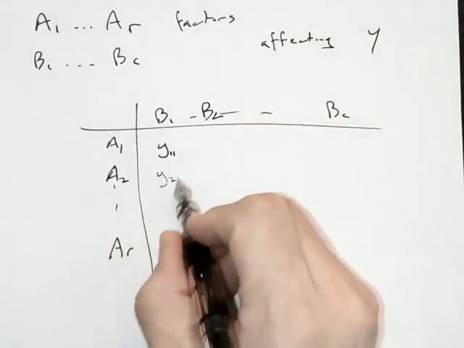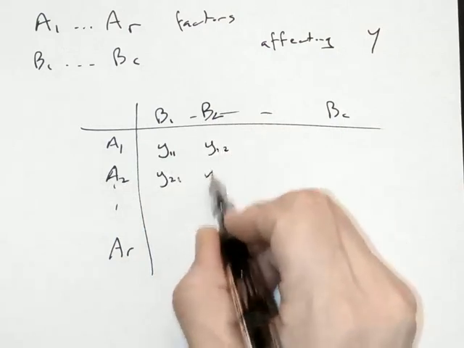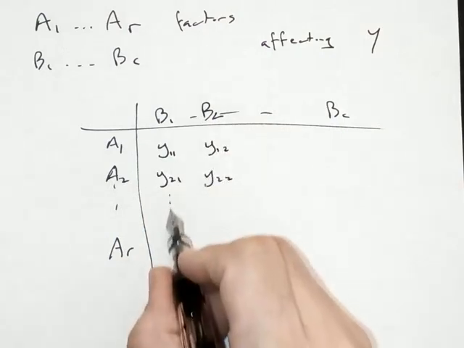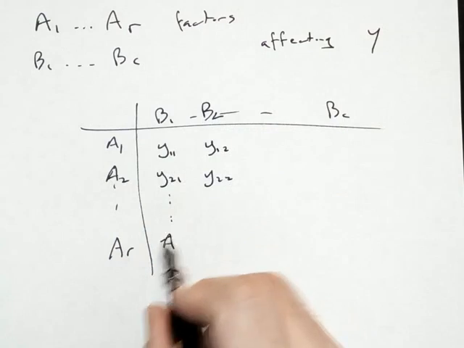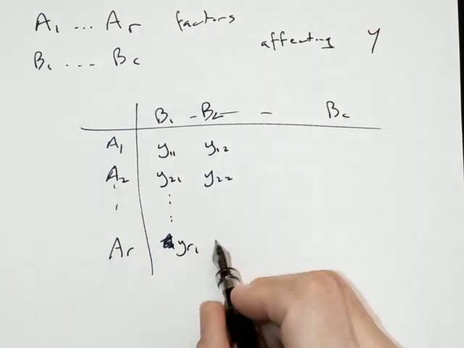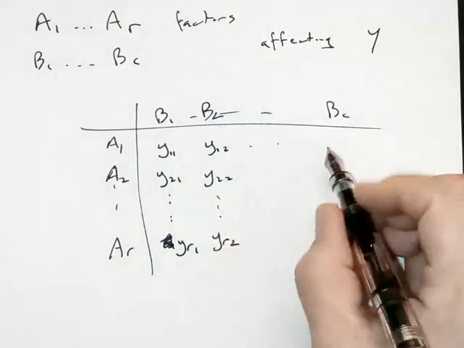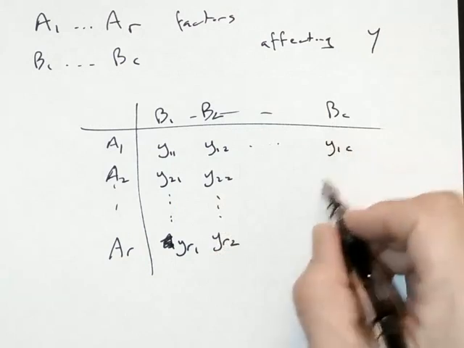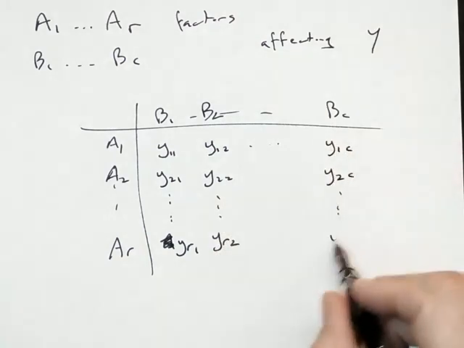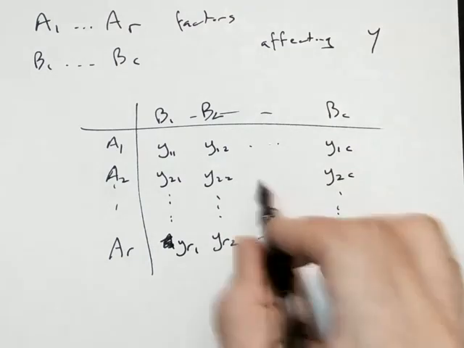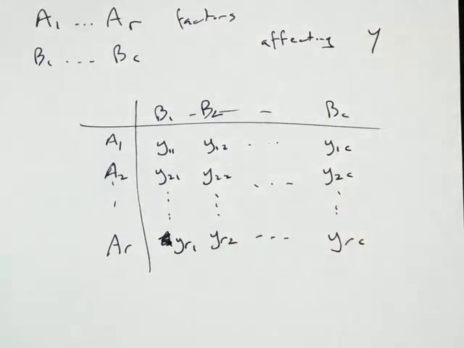So I'll have Y21 here and Y12 there and Y22 there. And all of these are in the first column. So down here I get YR1 and YR2 because those are all on the second column. And then by the time I get here, that's Y1C, Y2C, all the way down to YRC. And the subscripts go with the row number and the column number, RC, in that order.